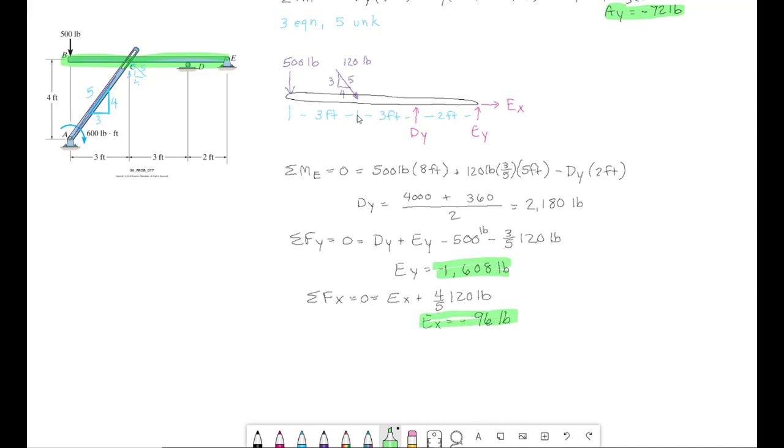So what that means, as we're applying a rotation at A of 600 pound-feet, and 500 pounds out here at B, this roller at D is really doing a lot of work to hold that whole thing up.